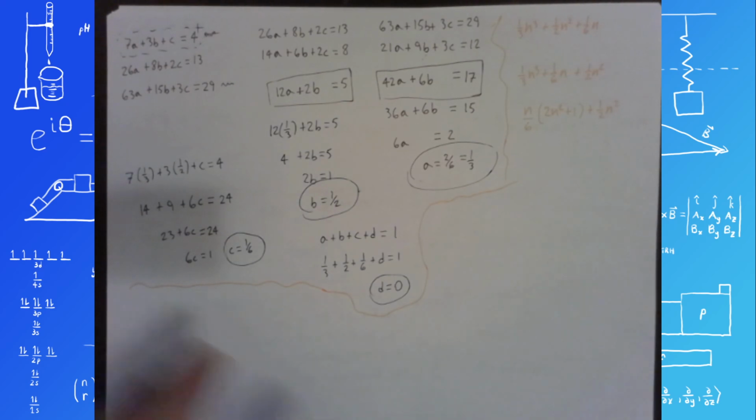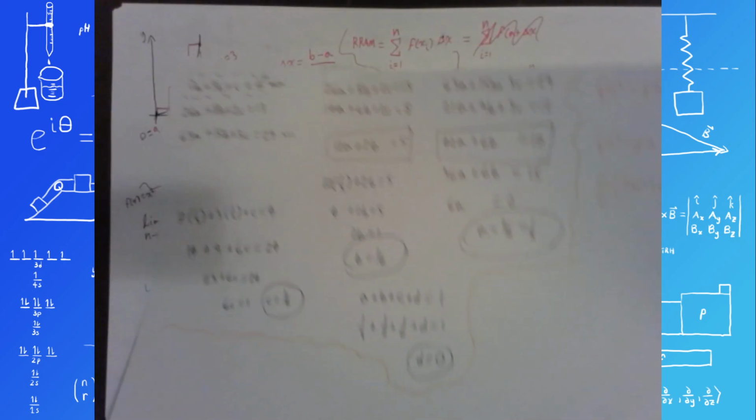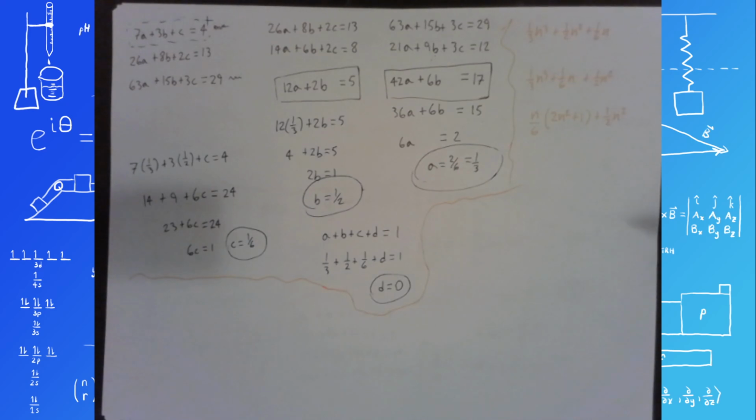Maybe if I factor a 1/2 out of it? No, hold on. 2n squared plus 1 in parentheses, that's all good. That's something I was expecting to see. How do I deal with this now?